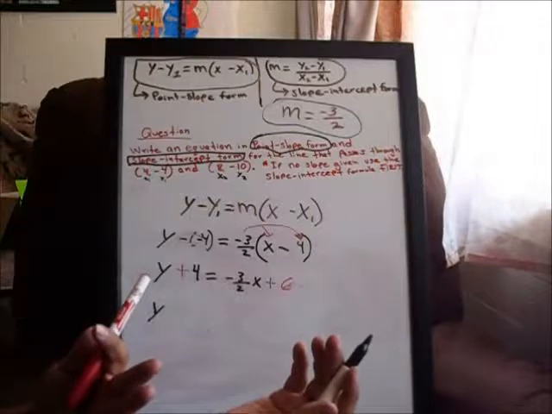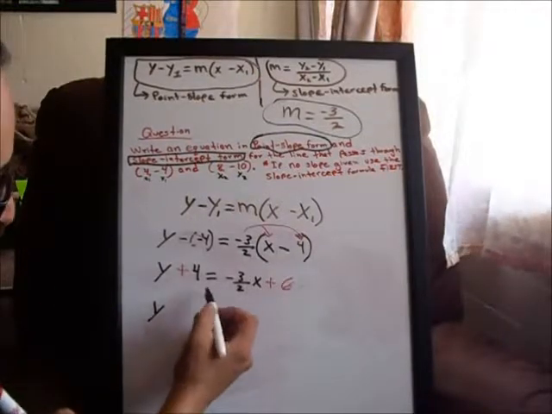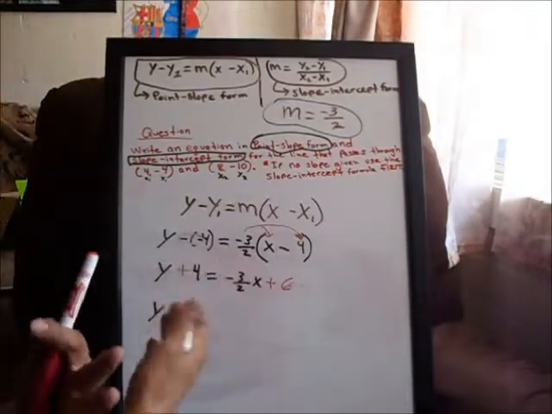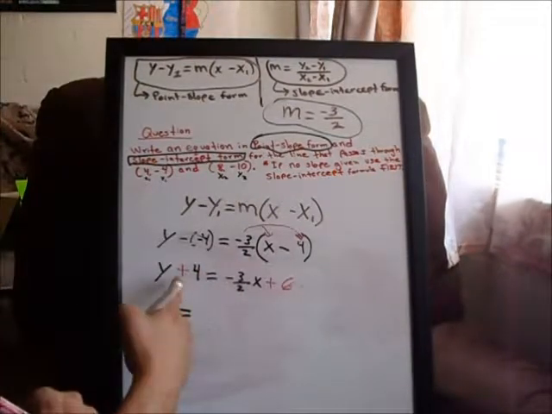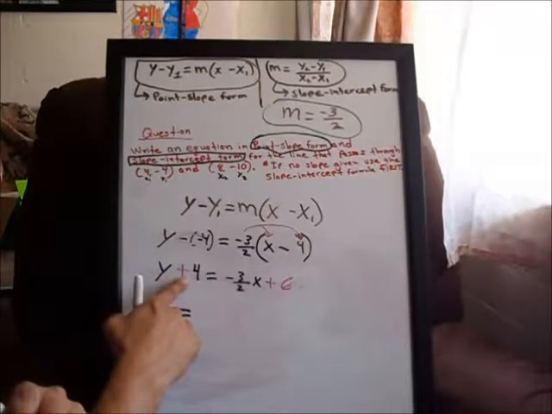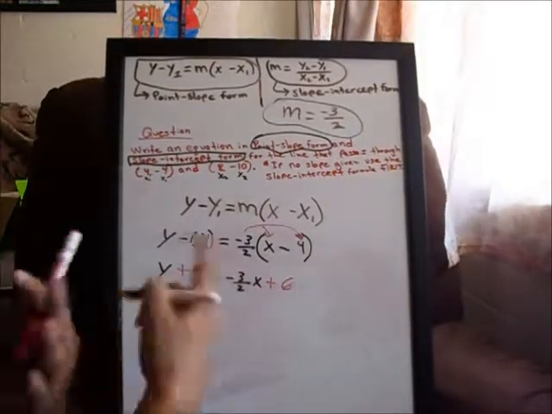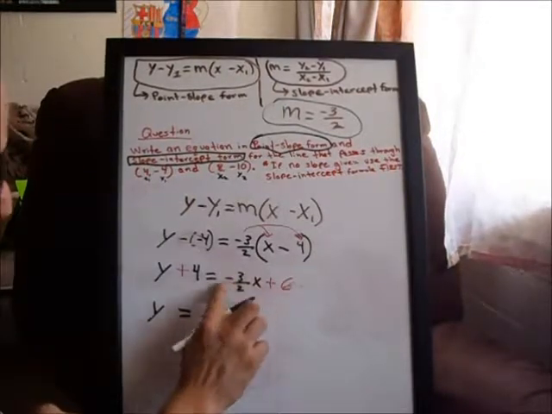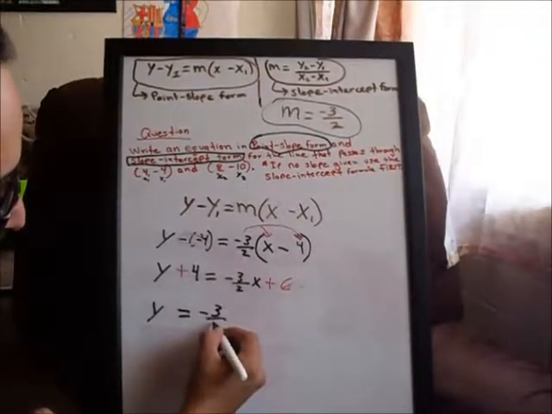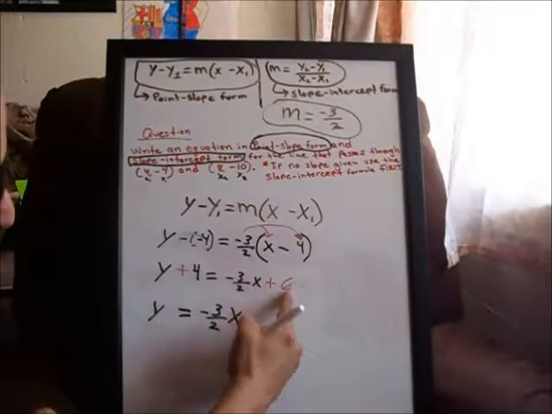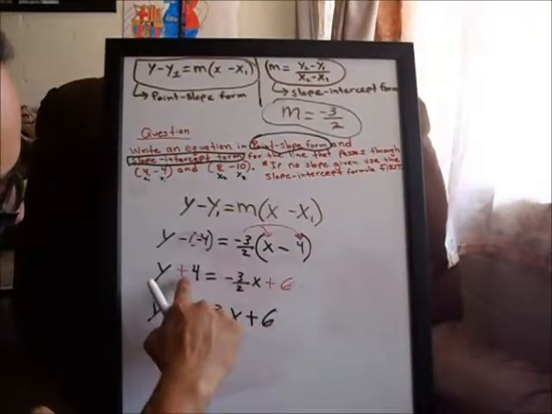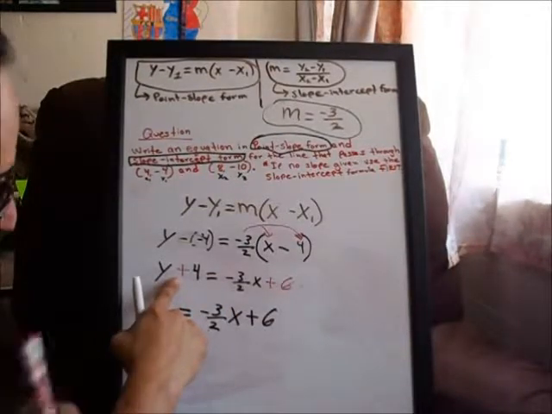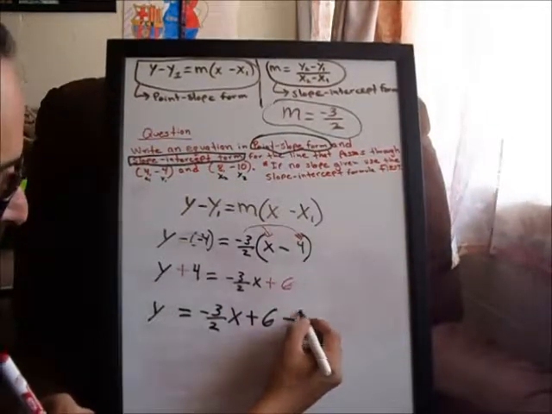I don't know how you guys do it, but this is pretty much my way of doing it, alright? So just remember, this positive 4 is going to go to that side, and the sign is going to change to a negative sign. So this, just rewrite it, bring it down. Remember this guy is going to go over here, and the sign is supposed to change, must change. There you go.